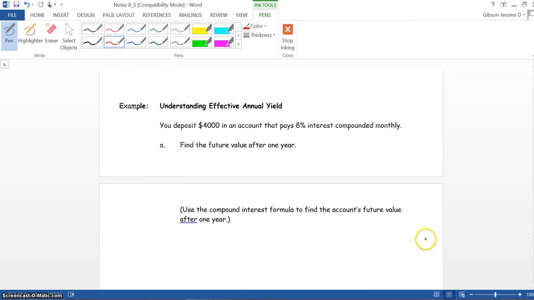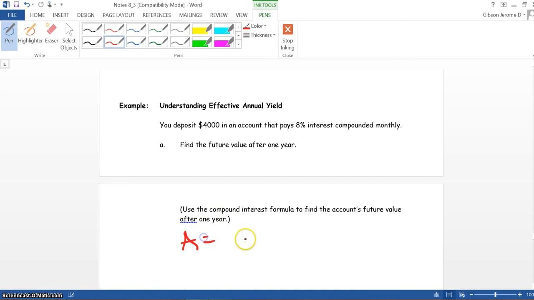Now, understanding effective annual yield. You deposit $4,000 in an account that pays 8% interest compounded monthly. Find the future value after 1 year. It says use the compound interest formula to find the account's future value after 1 year.